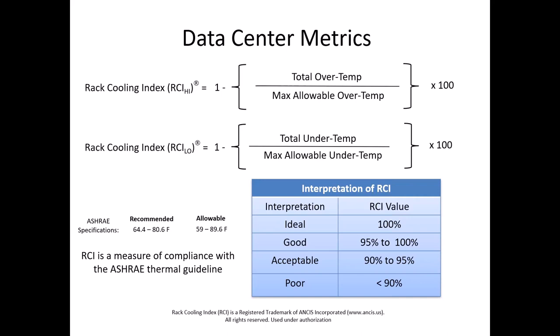And you might think that this is a little bit complicated. These definitions require some further knowledge maybe. But the reason that it looks a little bit complicated is that this metric does not only look at how many intakes that are above the recommended range, but by how much. Right. And that is very, very important, because imagine that you had a situation where a few points were right at the maximum recommended, and another case where they are like 10 degrees higher than the maximum recommended.